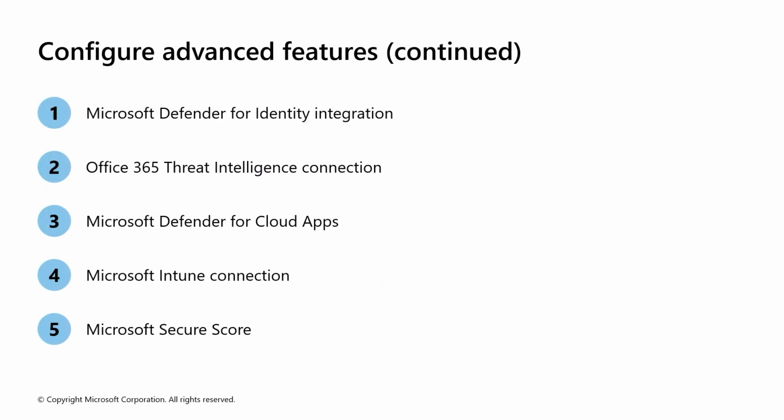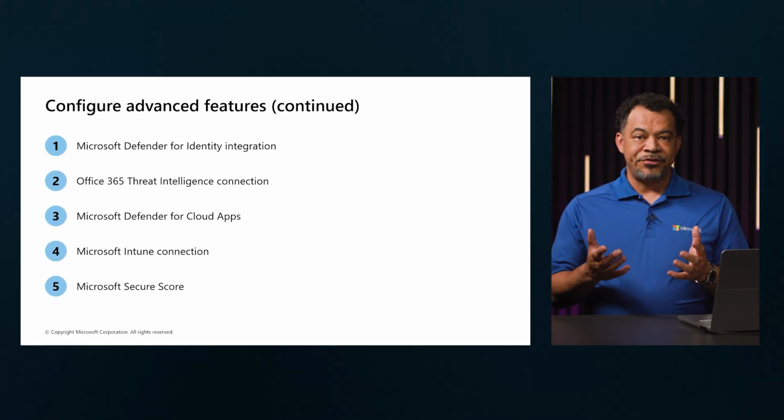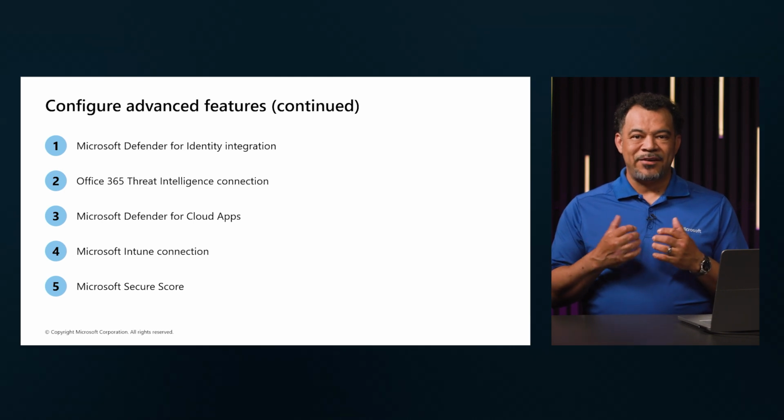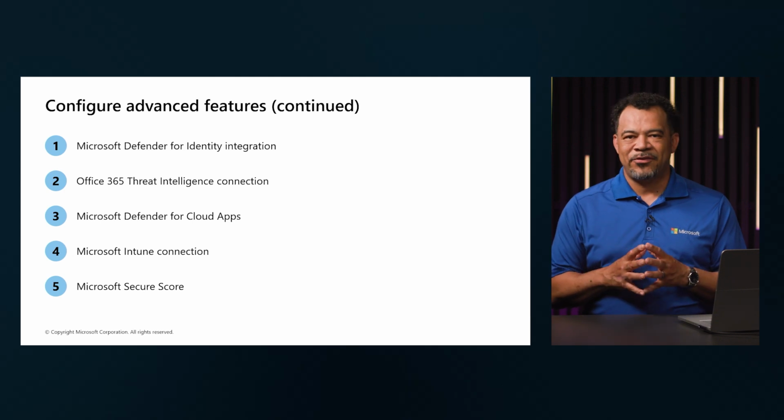Let's walk through some of the key integrations that make Microsoft Defender for Endpoint even more powerful when connected across the Microsoft security ecosystem. First, we have Defender for Identity Integration. This pulls in rich user and device data, so we get deeper context around identity-based threats.